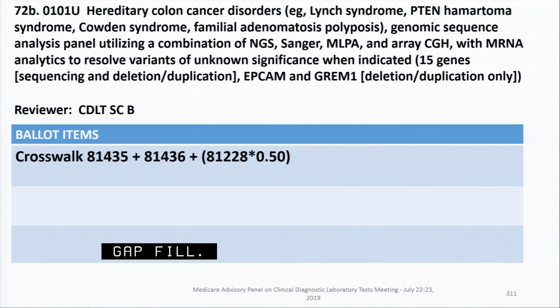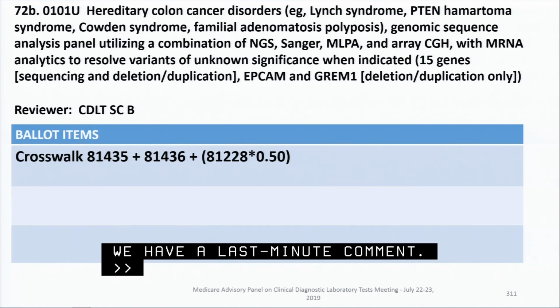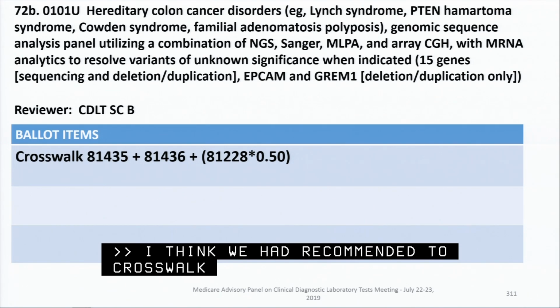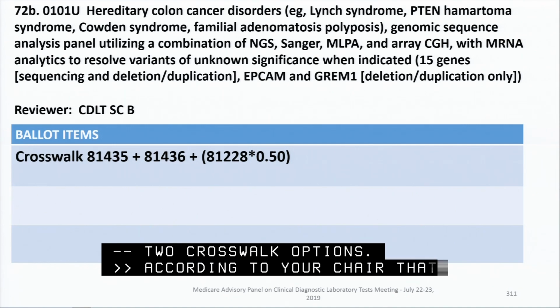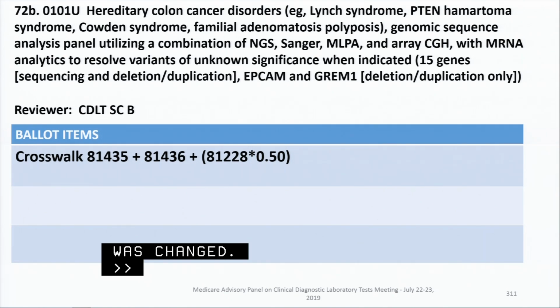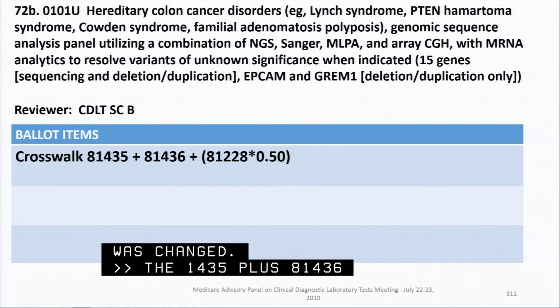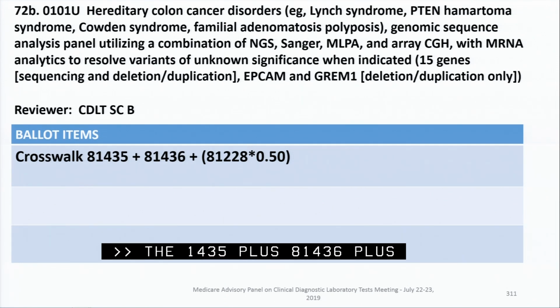Ms. Chappelle? I think we had recommended 2 crosswalk options. According to your chair, that was changed this morning? Oh. No, actually, sorry for the miscommunication. The crosswalk 81435 plus 81436 times 81228 times 0.50, that was to correct a typographical error on my part when we submitted our recommendations.